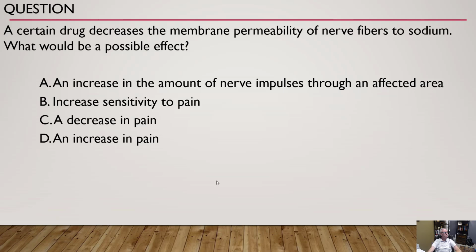All right, so a certain drug decreases the membrane permeability of nerve fibers to sodium. What would be a possible effect? An increase in the amount of nerve impulses through an affected area, an increased sensitivity to pain, a decrease in pain, or an increase in pain.